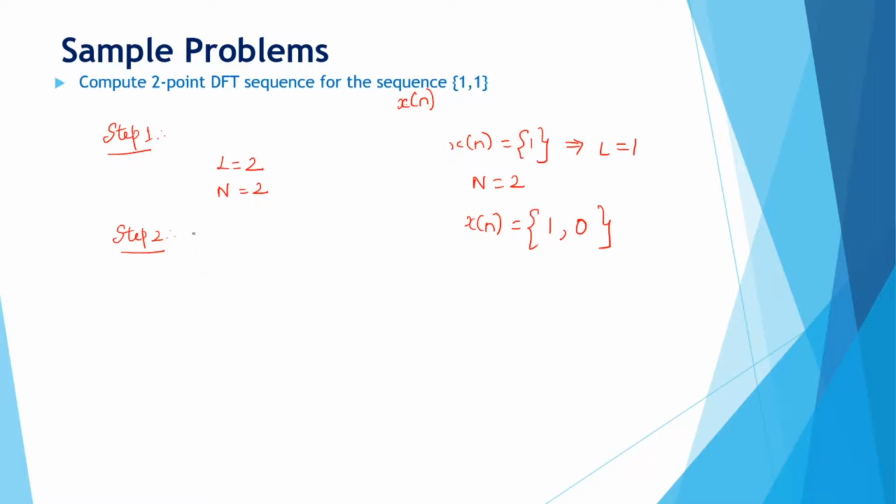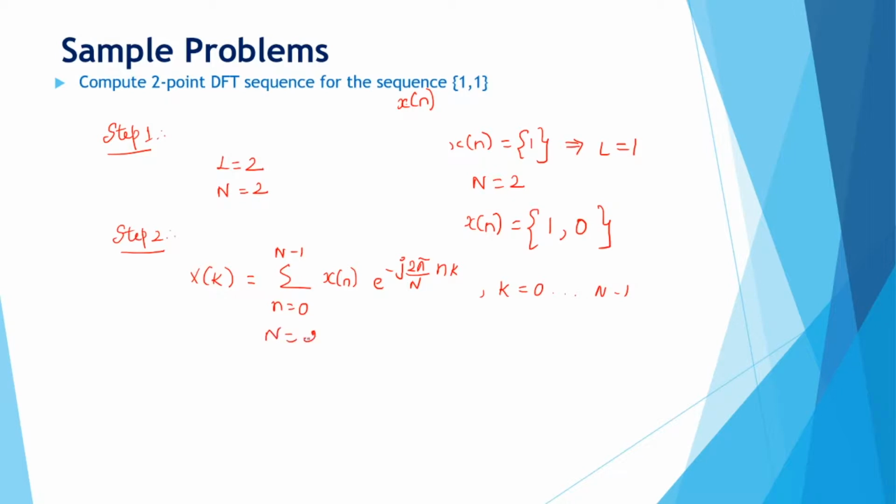So, step 2, I have to compute the DFT. We know the formula for DFT as X of k equal to summation n equal to 0 to N minus 1 x of n e power minus j 2 pi by N into nk, where k varies from 0 to N minus 1. Now what is N in the question?